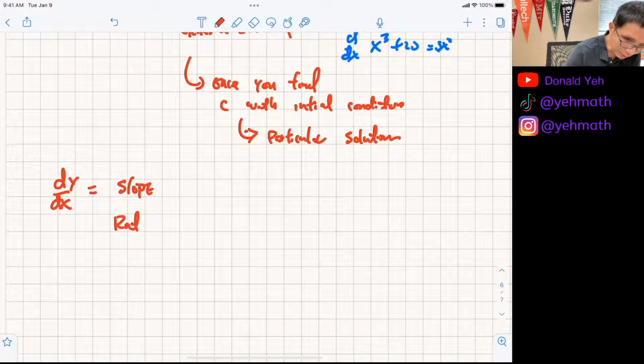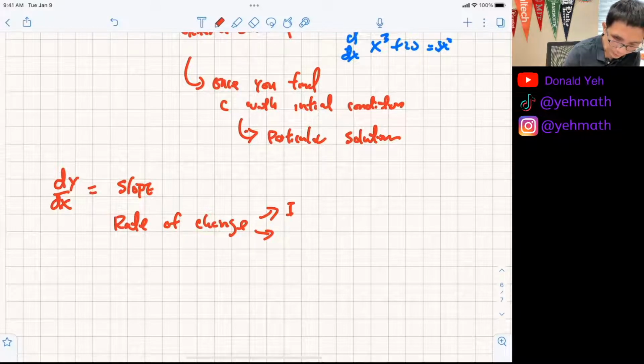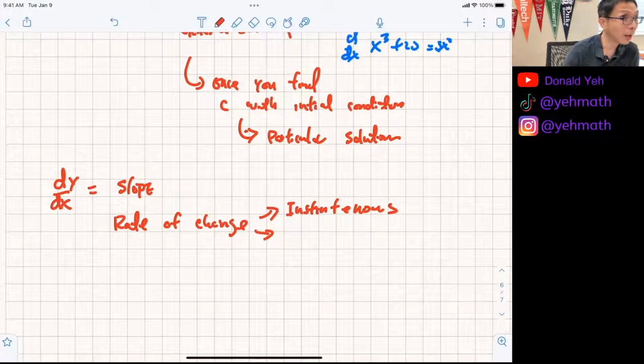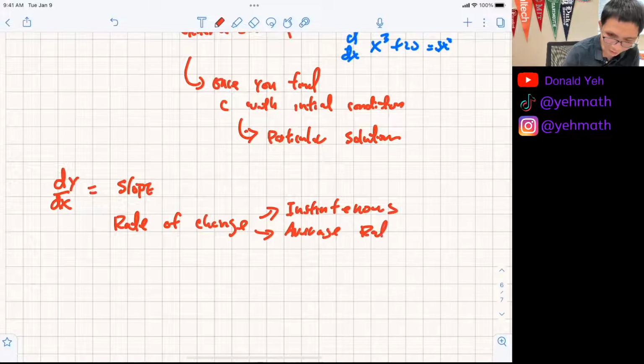Rate of change, there are two different kinds. What are they? Instantaneous, yep, instantaneous, and average rate of change.